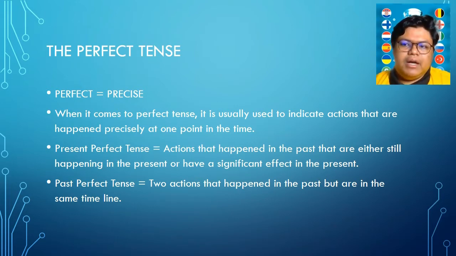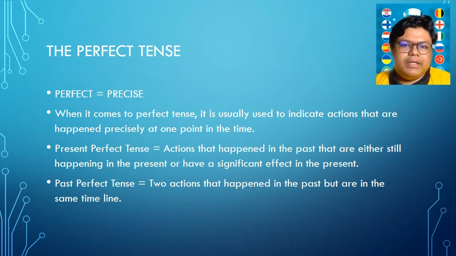Okay, we use present perfect tense when we are writing about actions that happen in the past that are either still happening in the present or have a significant effect in the present. Okay, in our previous lesson, present perfect tense, kita akan gunakan apabila kita bercakap tentang action yang berlaku in the past dan masih lagi berlaku sekarang.